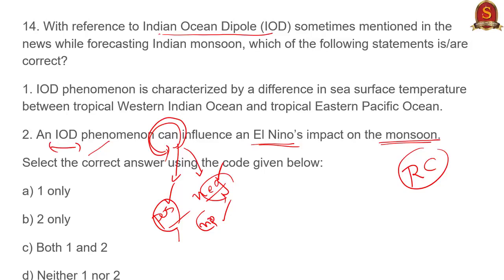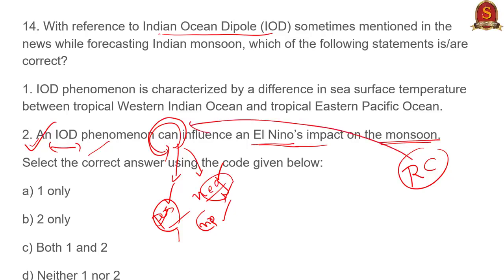Any definition or any part which you read in any sort of textbook will tell you that IOD is closely related to how rainfall distribution is done in India. So even if you have absolutely no idea whether it's a positive influence, negative influence, that is not required. All you need to know is IOD will definitely influence the impact on Indian monsoon. And second statement is inherently correct. So that's why I told you it's an RC question.